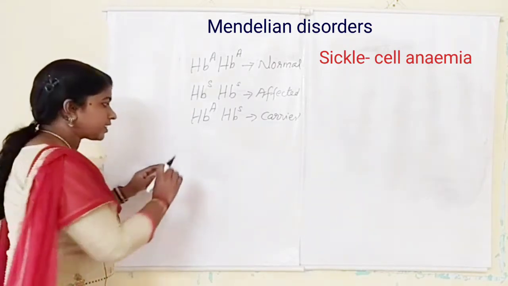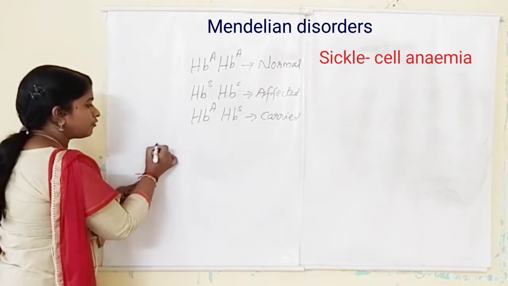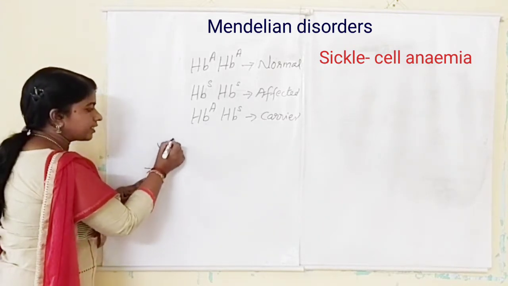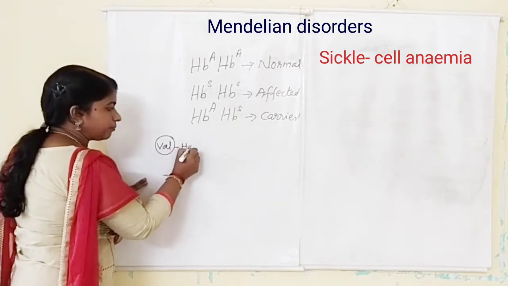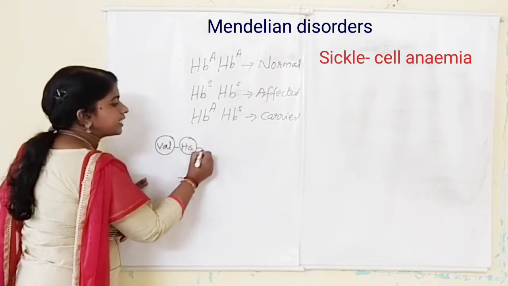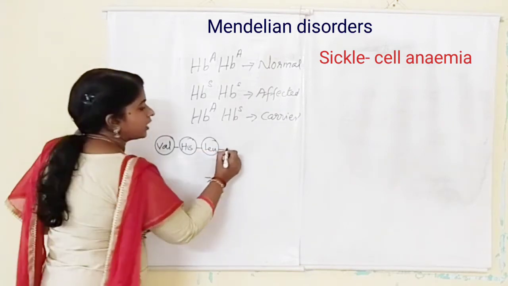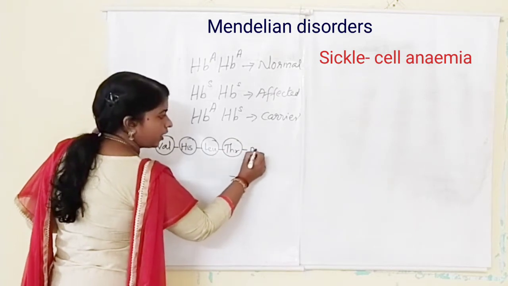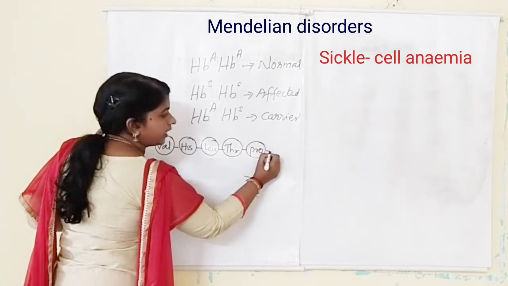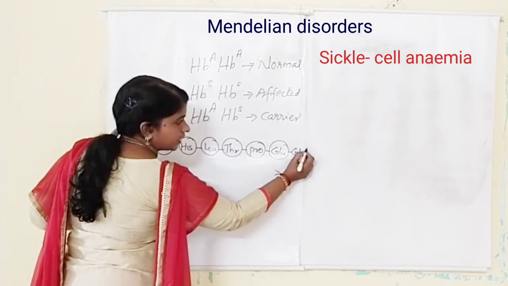I will write a part of the amino acid sequence here. The first amino acid is valine, then histidine, then leucine, then threonine, then proline, then glutamic acid, then glutamic acid.